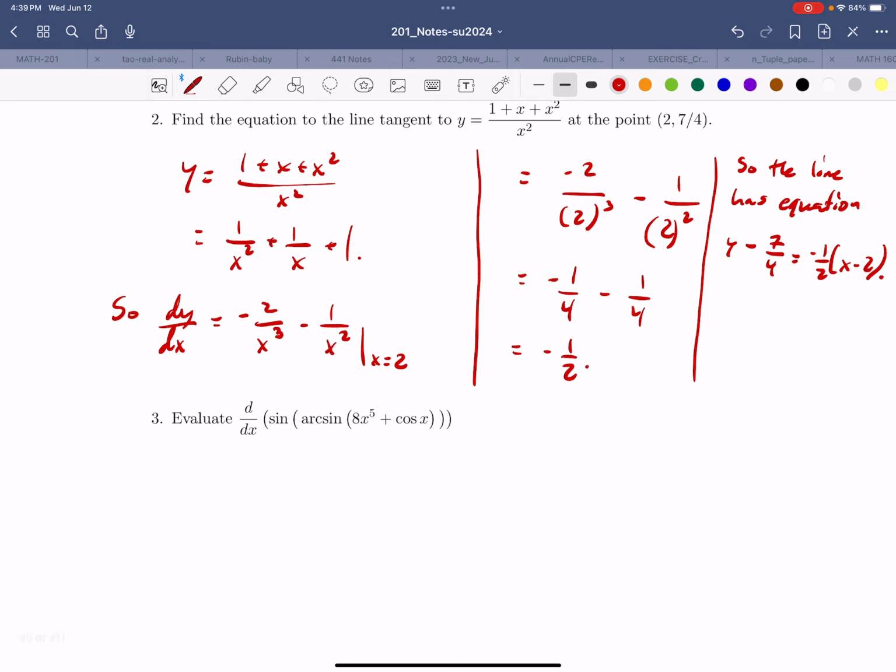Right, now, just to be clear, this looks very complicated, a whole bunch of chain rules, but it's really not. Remember, sine of arcsine cancels out, right? So this isn't even a derivative thing, this is just a definition of arcsine thing.